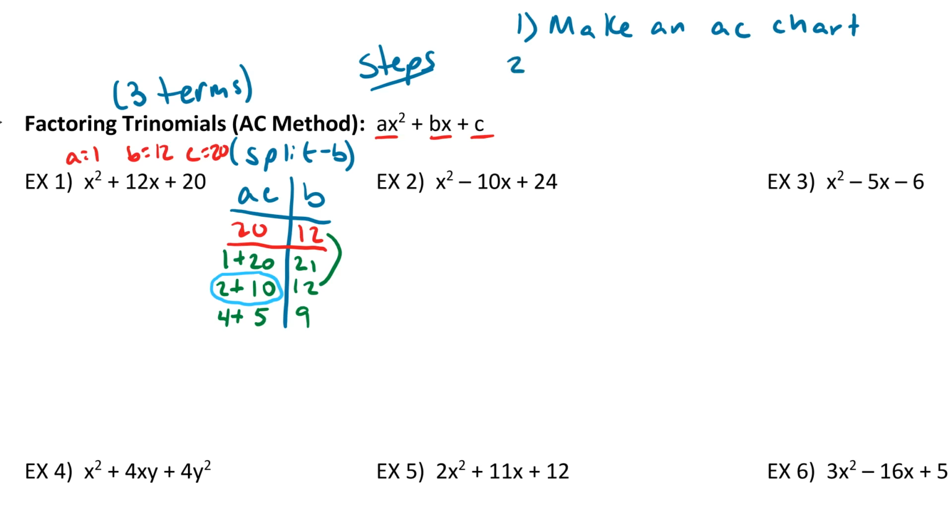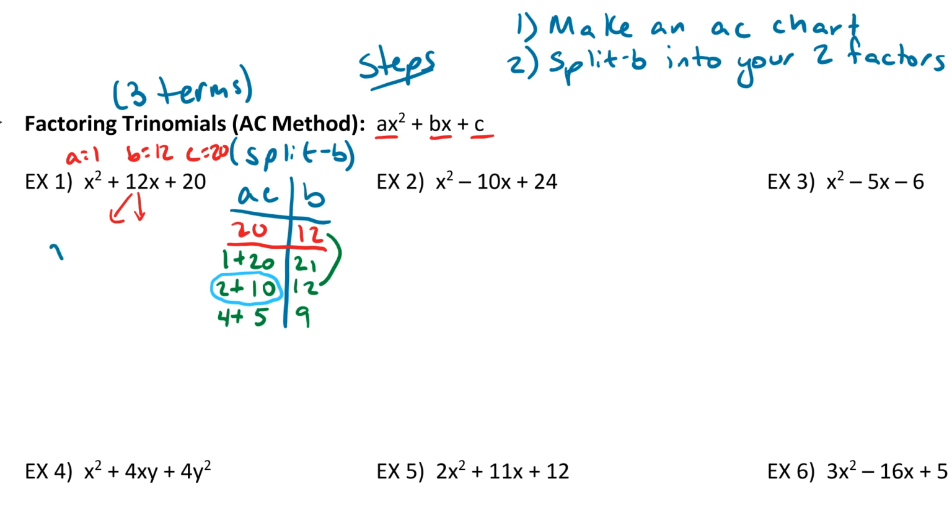So step 2 is to split B into your 2 factors. So by that, I mean we're going to take this 12x and we're going to split it into 2x and 10x, the 2 factors that we found.